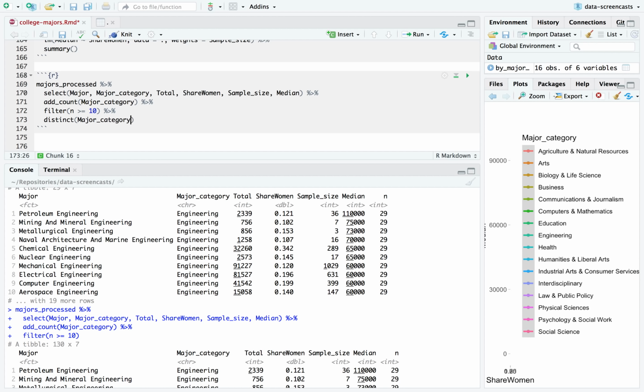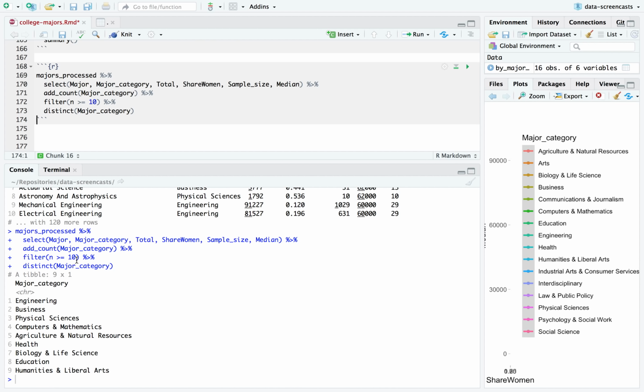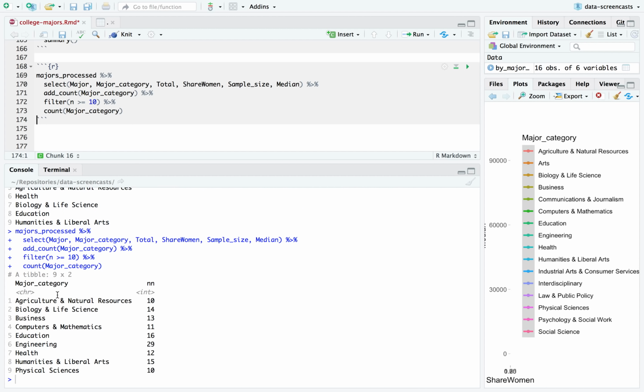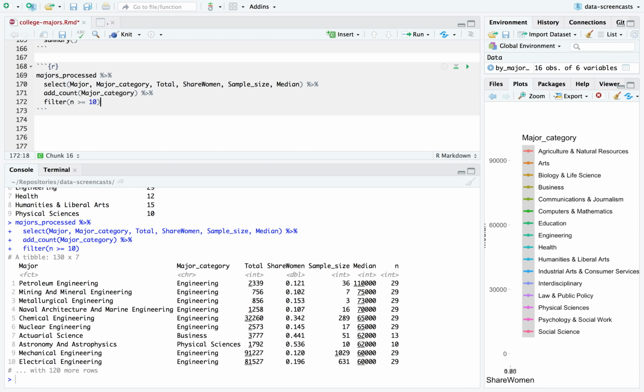Engineering has a wide variety of majors. How many major categories do we have if we limit it to ones with at least 10? I'll change it to a count. Looks like we have 9 major categories, and for each of them we have at least 10 different majors, and we want to say what's the correlation between them. To answer that, here's where we're going to do some judo.